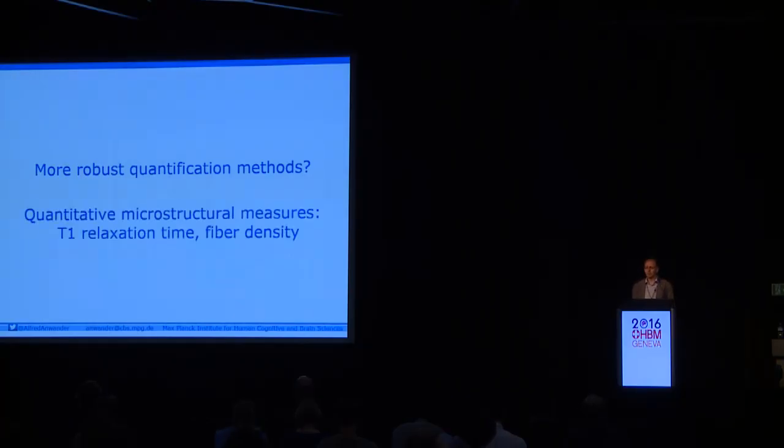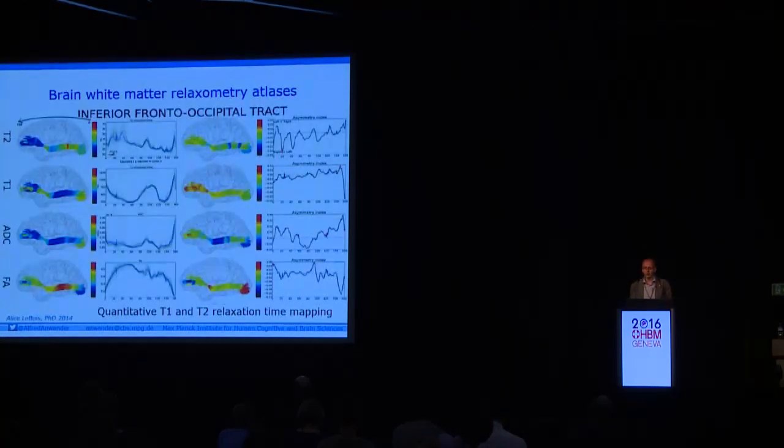So it was already mentioned that we could do along-the-tract analysis. This will be done later today again with T1 relaxation times or fiber density measures. And I just want to propose some work which was recently published, like the work from Alice Lebois in her PhD thesis from Neurospin.